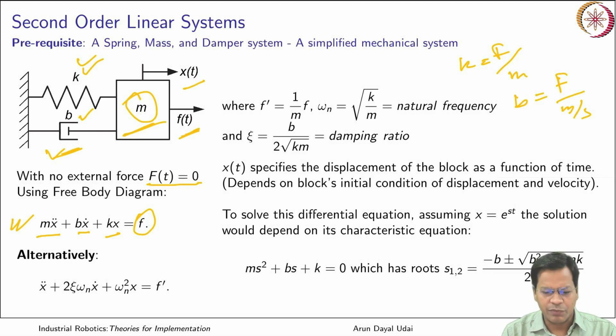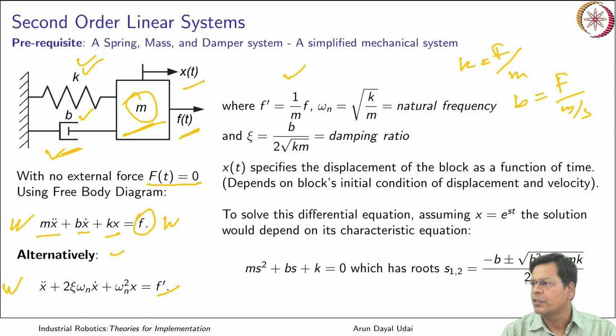This is nothing but a differential equation of second order. Alternatively, the same can be written as x double dot plus 2 xi omega n x dot plus omega n square x is equal to f dash. I have divided the whole equation by m, so f dash is nothing but f divided by m.